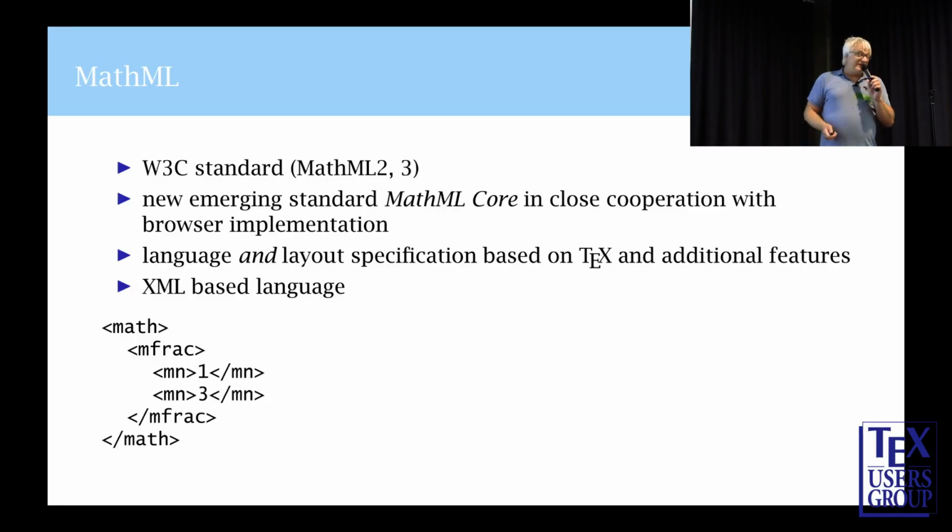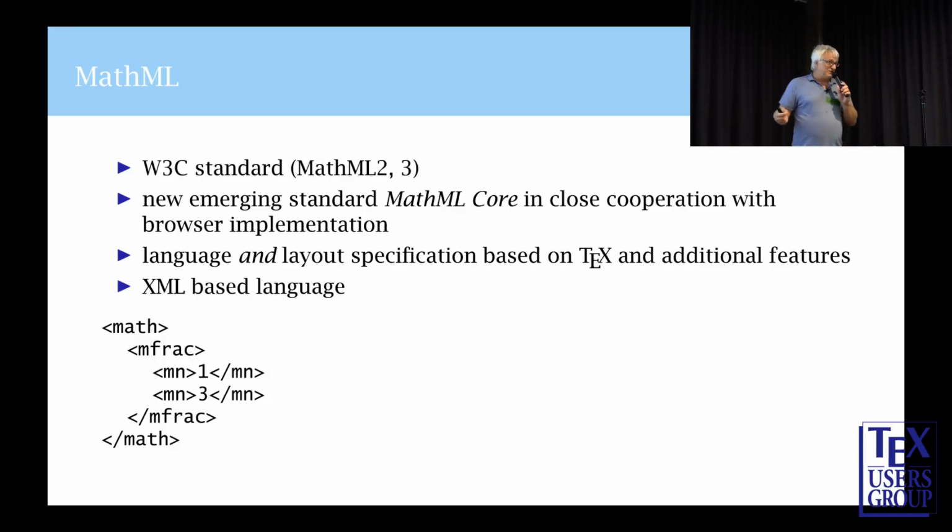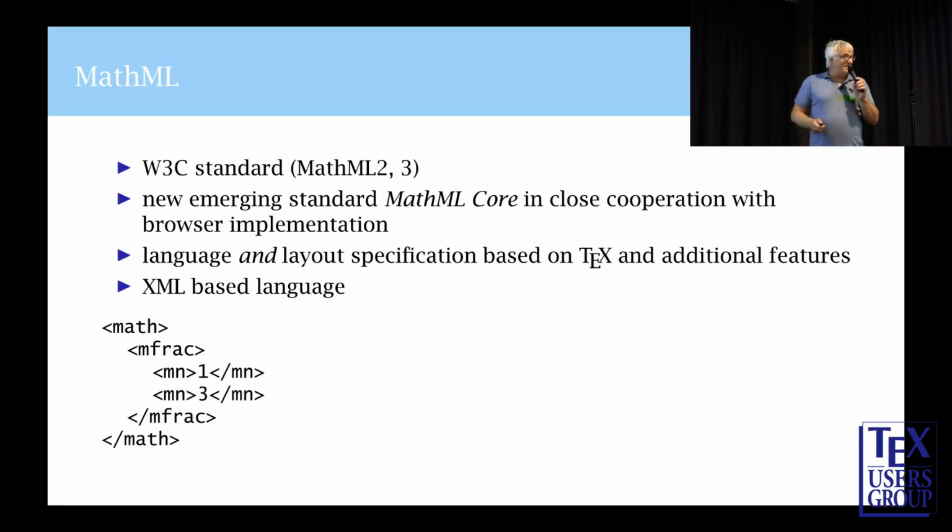MathML Core is not only a language, it is the language and the layout specification. It gives clear indication, partly in the OpenType fonts, which have a lot of details, and partly in the rest, of how to lay out formulas. And it's XML based.